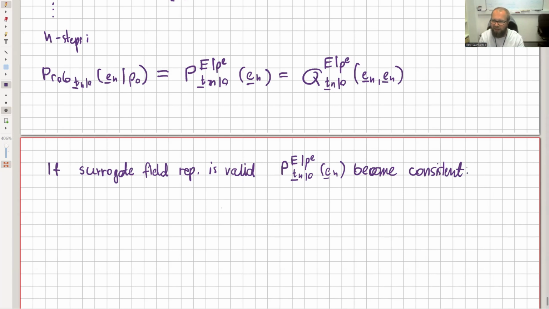Become consistent, right? And therefore, our measurement, our observation that we are doing is then equivalent to sampling, is consistent.